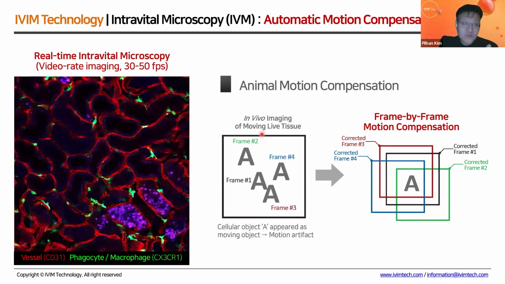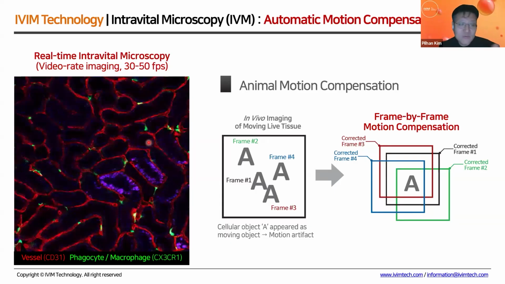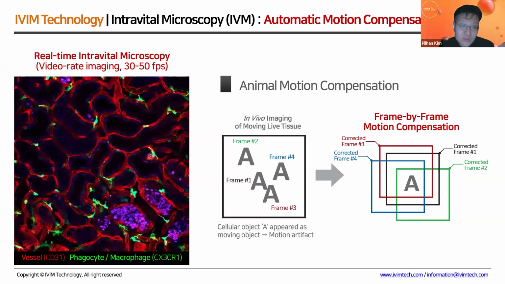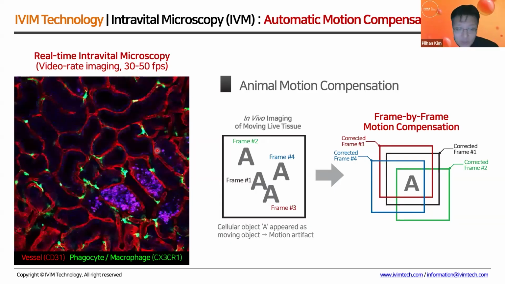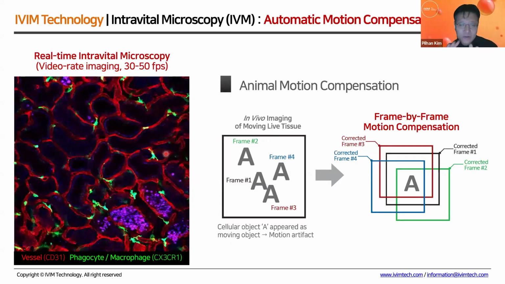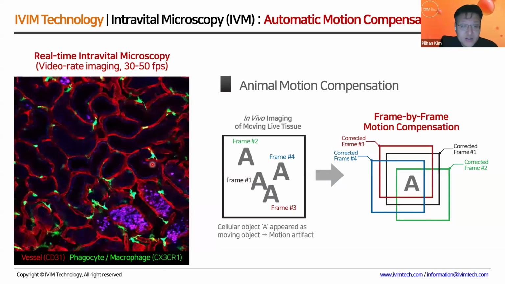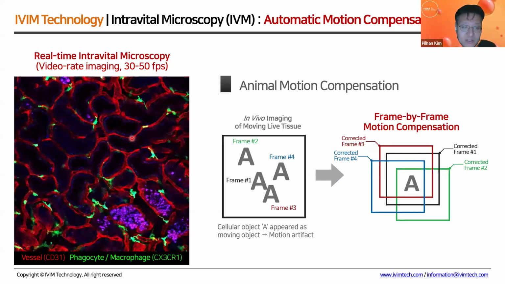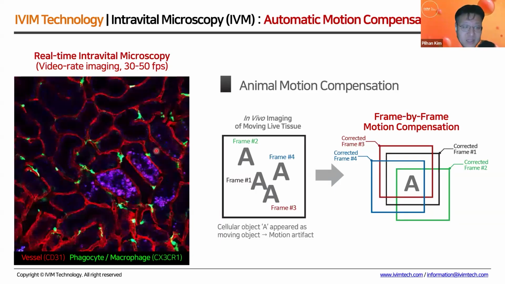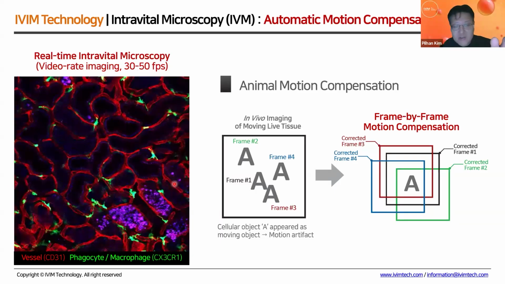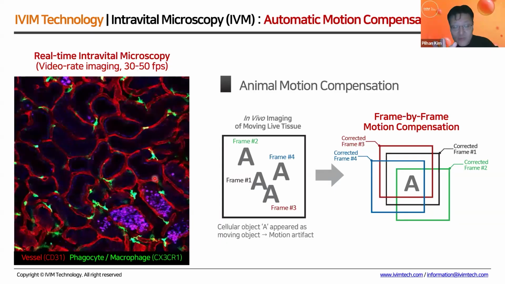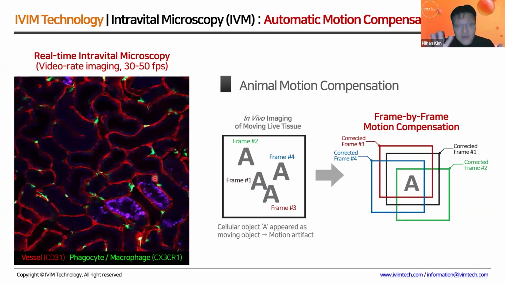But because we have this video rate, real-time imaging capability, we can directly track the tissue movement in real time. If you look here, by just looking at this cell and other cells, we can see how the individual tissues move around frame by frame.